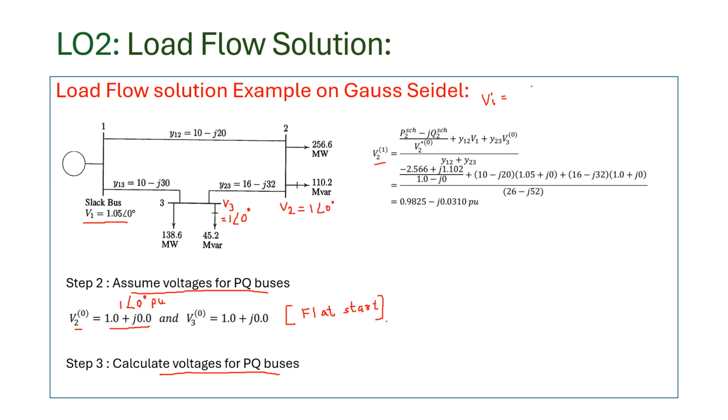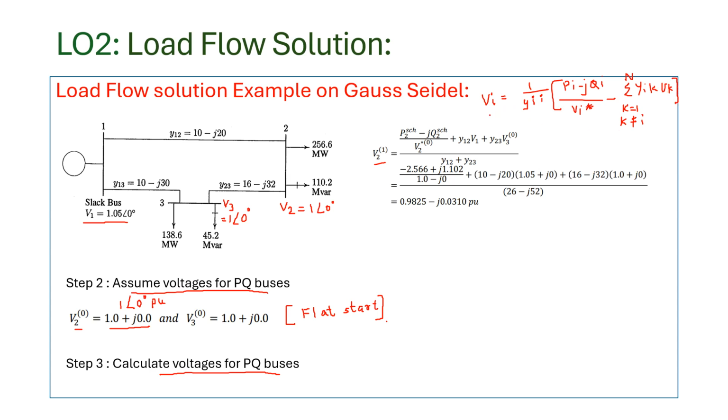Vi is equal to 1 divided by Yii in bracket, Pi minus Jqi divided by Vi conjugate, minus summation k is equal to 1, k not equal to i, up to n, Yik into Vk. So this is the equation already we have derived in the previous video.